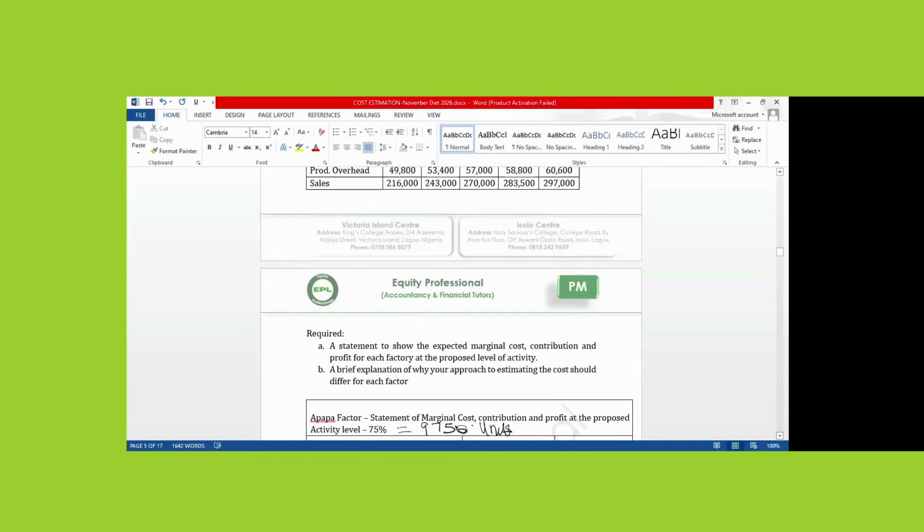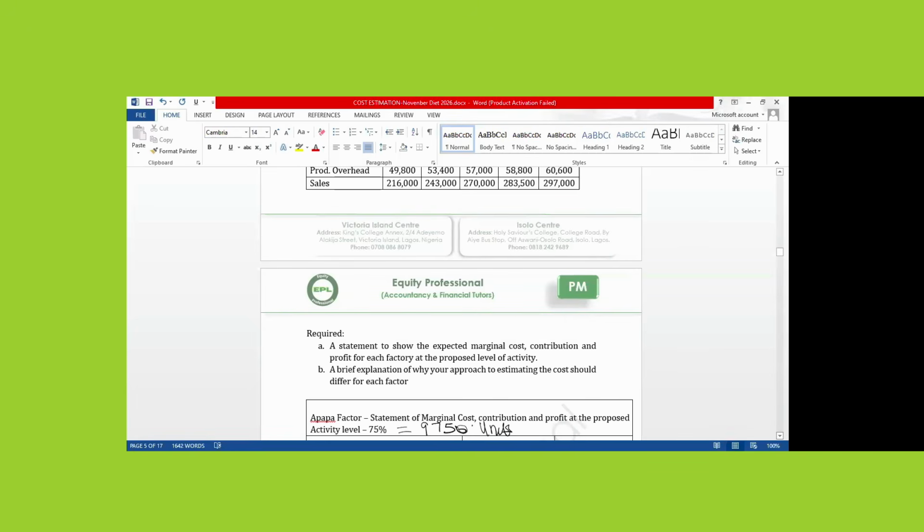The proposed level is 75%. The company is planning to reduce output from 90% to 75%. So you are going to get expected marginal cost at 75% level of activity, and an expected profit at 75% activity level.